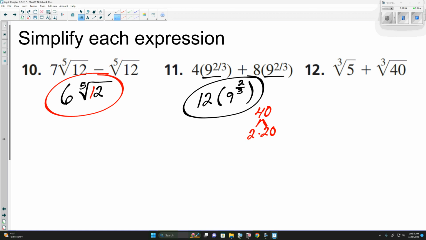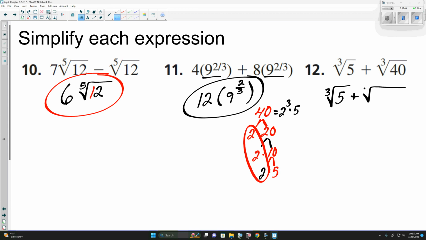But 2 and 20, 20 would be 2 and 10. 10 is? So we have 3 2's, 2 to the 3rd times 5. So we'll still have the cubed root of 5. But the cubed root of 40 we can rewrite as the cubed root of 2 to the 3rd times 5.